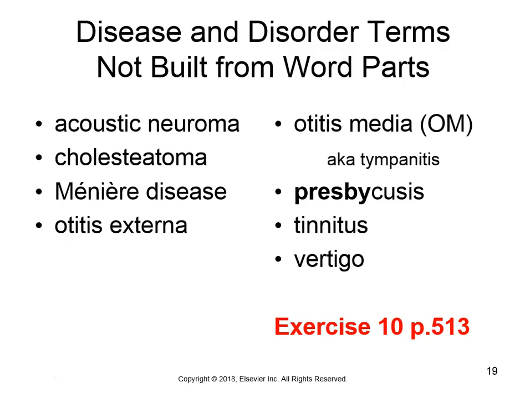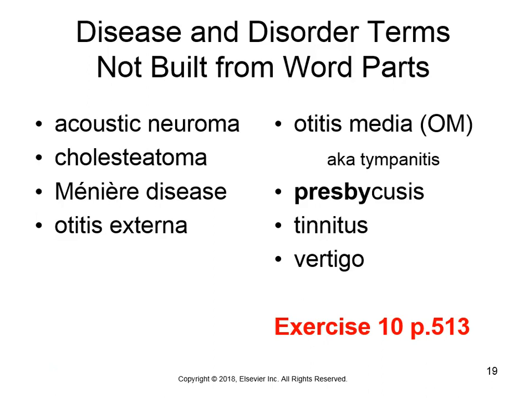Starting off, we have a neuroma, if we remember that oma is a tumor. So this would be a tumor of your acoustic nerve, also known as the cochlear nerve. And similar to any type of tumor, it could potentially cause damage as it grows.